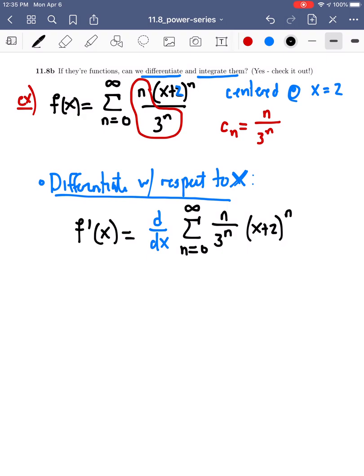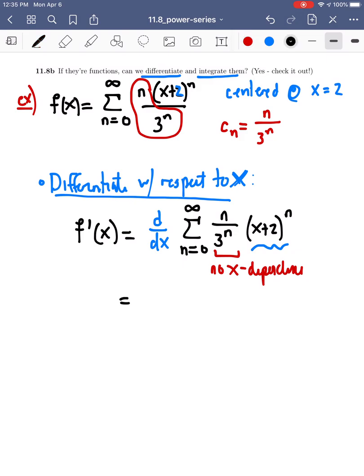Now let's take a look at this power series really fast. All of the x dependence is on that x plus 2 quantity raised to the n term. This n over 3 to the n term, there is no x dependence. So when we hit this with a derivative, the derivative is just going to bypass that n over 3 to the n, because if we're differentiating with respect to x, that n over 3 to the n just looks like a constant.